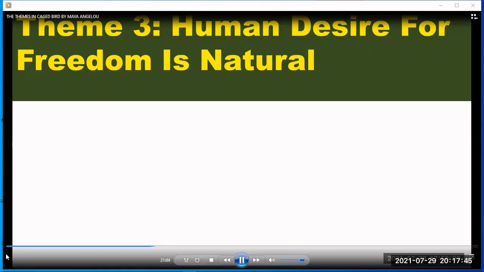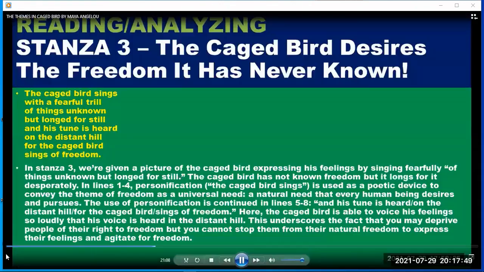All right, so you can understand every human being has this natural desire to be free, and that is a dominant theme in this poem. And we want to look at stanza 3 of the poem, which gives us a picture of what this theme is about. In stanza 3, we find that the caged bird desires the freedom it has never known.